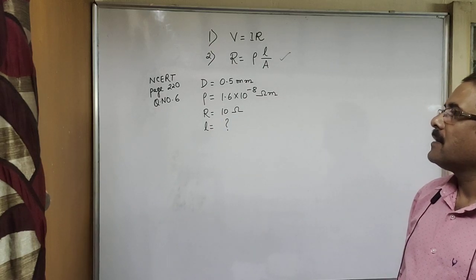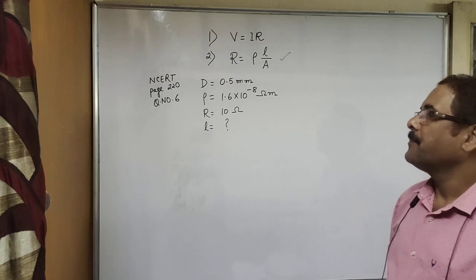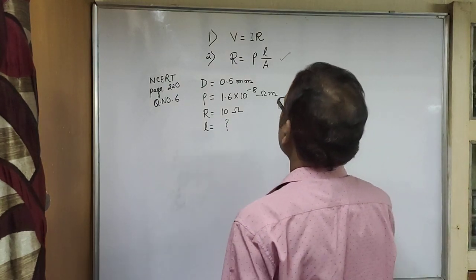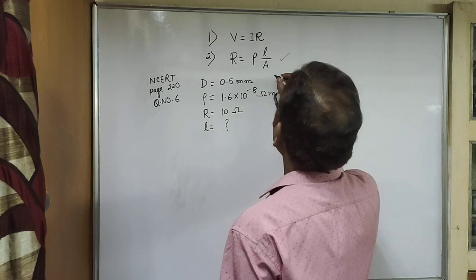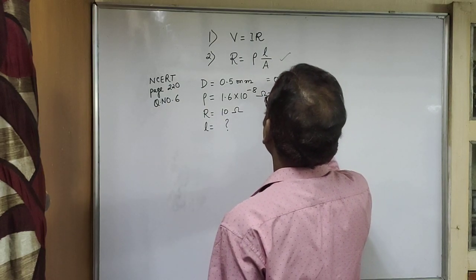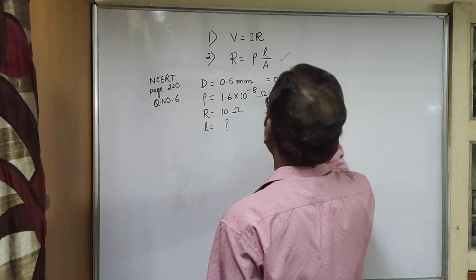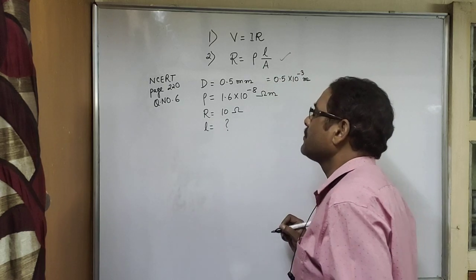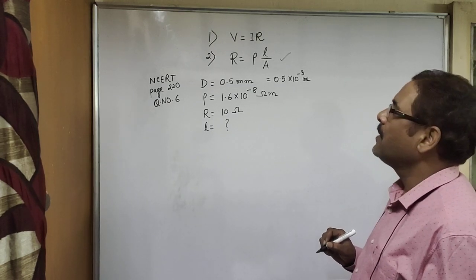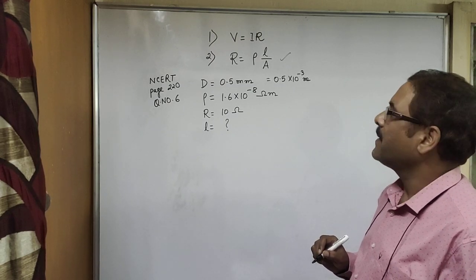Diameter of wire is given 0.5 mm. So first convert it into meter. So it will be 0.5 into 10 to the power minus 3 meter, because 1 millimeter is equal to 10 to the power minus 3 meter.